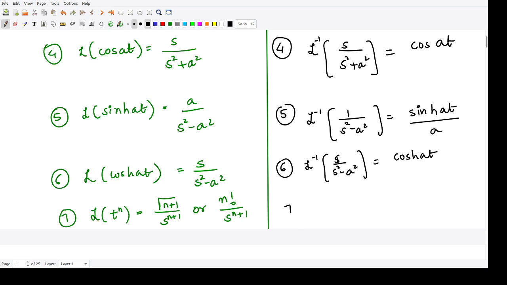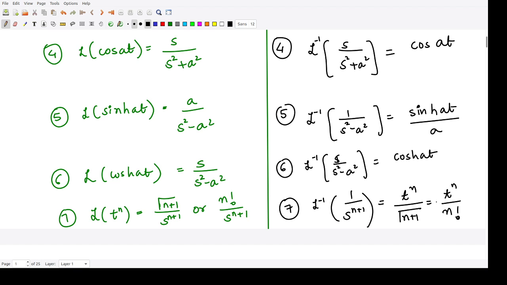And lastly, the Laplace inverse of 1 divided by s raised to power n plus 1 is equal to t to the power n divided by gamma of n plus 1, or this is equal to t to the power n divided by n factorial. So these are a few of the formulas that you should remember.